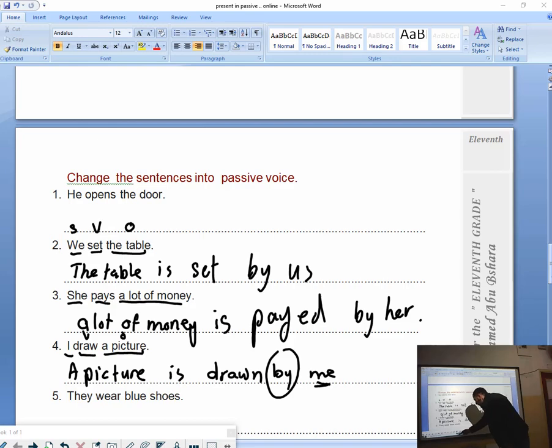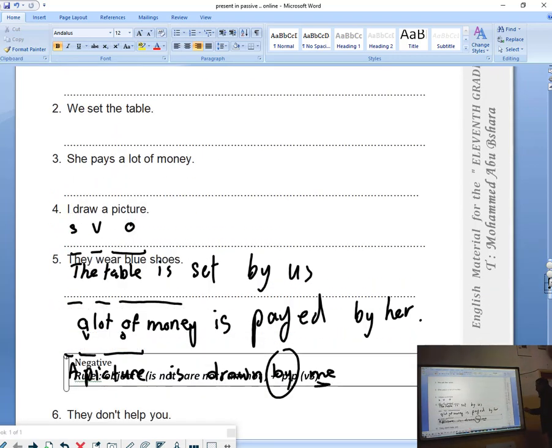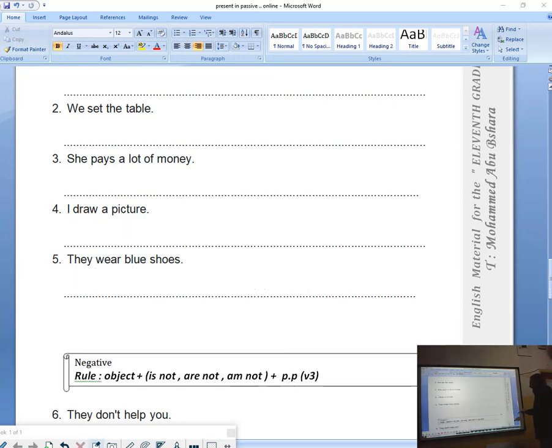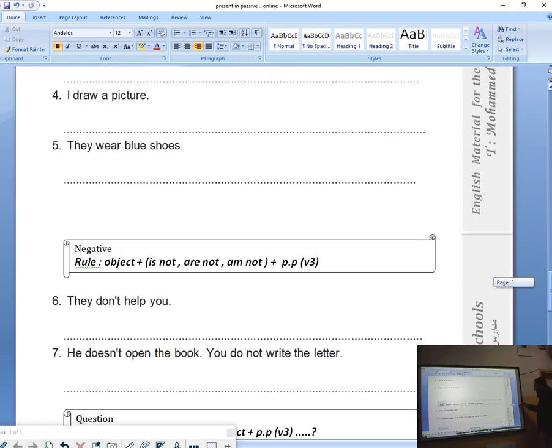They wear blue shoes. Of course, we should divide it just like the previous sentences. They wear blue shoes.